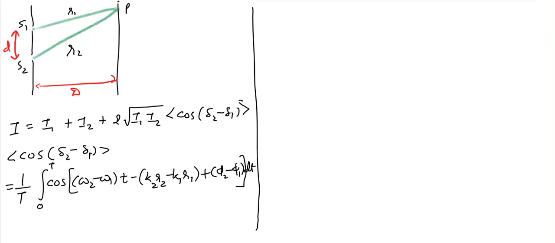Now, when you consider the sources to be coherent, you are saying that the sources are producing identical waves. What do you mean by identical waves? They have the same frequency, so omega 1 and omega 2 will be the same, and the wavelength will also be the same.